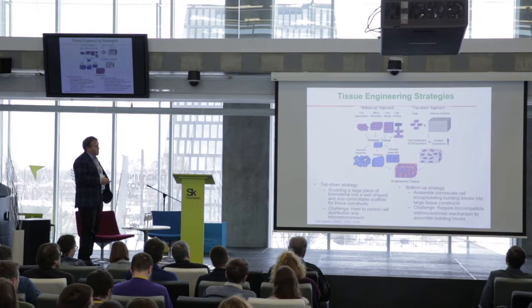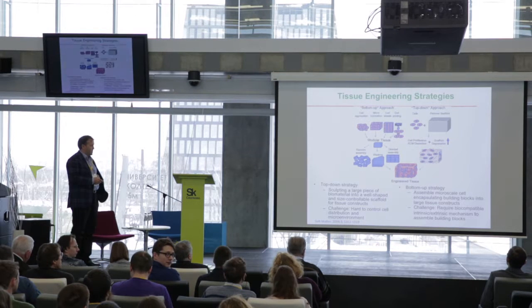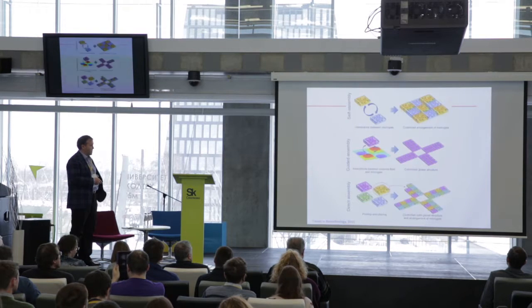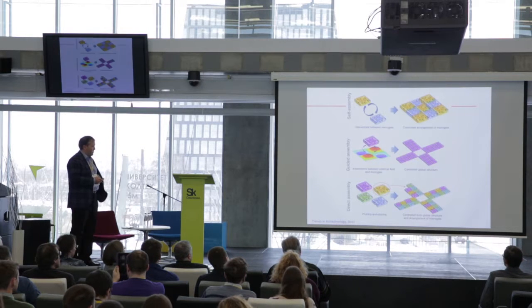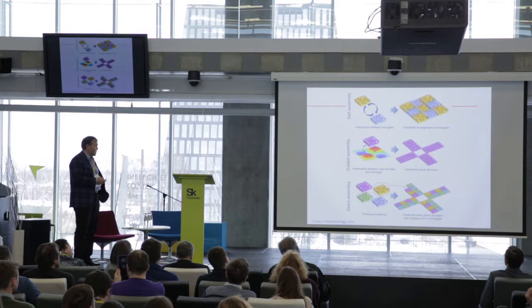The top-down approach has traditionally been, I would say, the earlier approach, and still is applicable to many areas even in the clinic. It is just making scaffolds, loading them with cells, and trying to create functional systems. So I'll mainly talk about how we look at bioprinting from an assembly perspective.